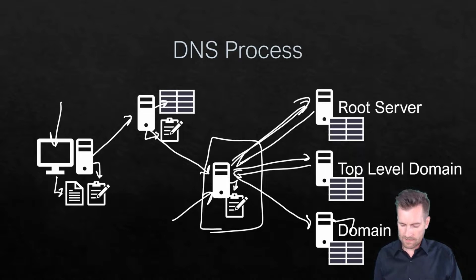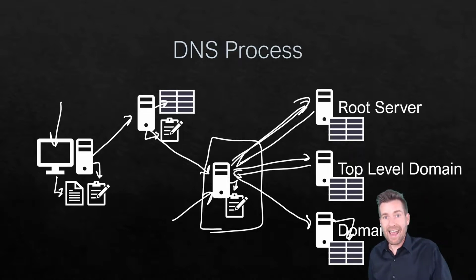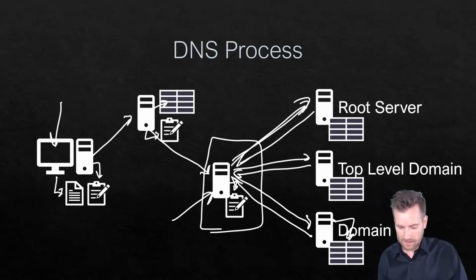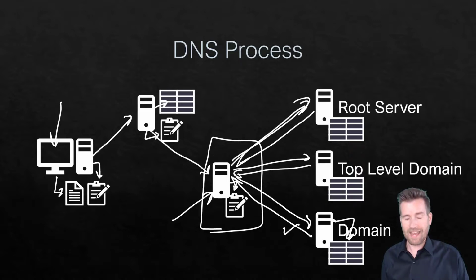That one looks at its table and says, I have the record for www for that domain technosurge.com. So here is the IP address that you're looking for. And I'm going to mark that this is an authoritative answer. This is the answer you're looking for.